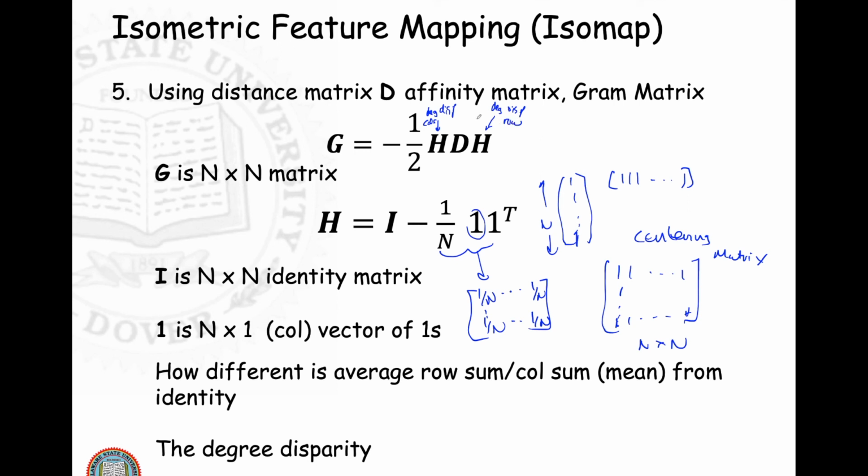And the particular system for which we're calculating this degree disparity is going to be for our connectivity. So what it's asking then is what is the deviation from identity of the centered connectivity for the columns and for the rows? And we call that the affinity matrix.